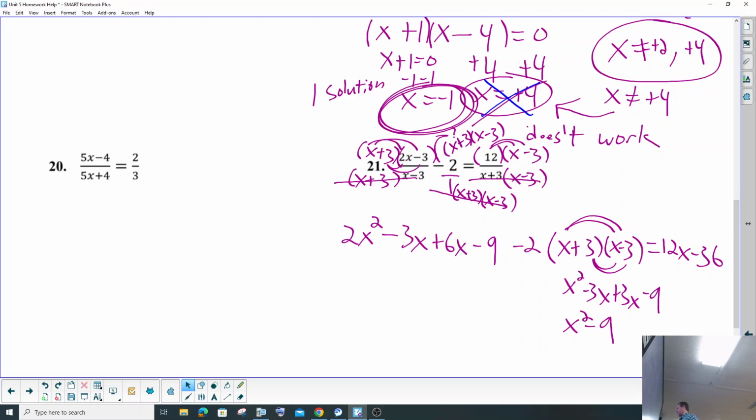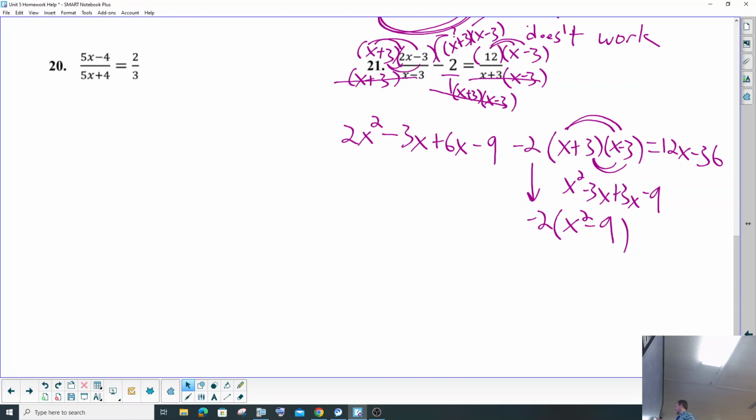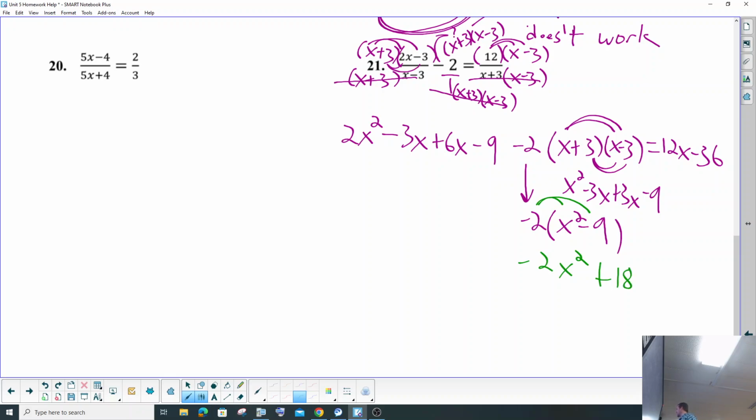And we bring down that negative 2 and distribute that through. So negative 2 times x squared is negative 2x squared. Negative 2 times negative 9 is a positive 18, equals 12x minus 36. Good.